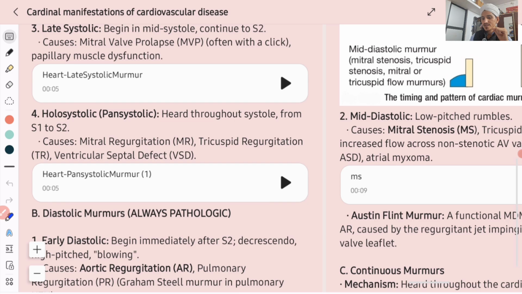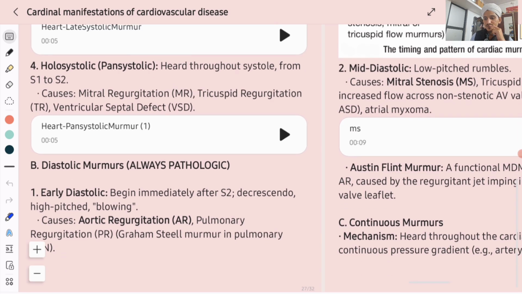Now moving forward towards the diastolic murmurs. Diastolic murmurs are always pathologic. They can be early diastolic and mid diastolic. Early diastolic murmurs: in diastole, regurgitation of aortic and pulmonary valves or stenosis of the atrioventricular valves. They begin immediately after S2, decrescendo and blowing type murmur.